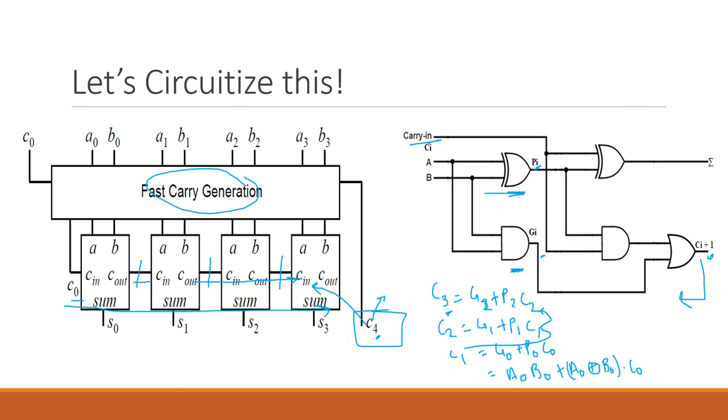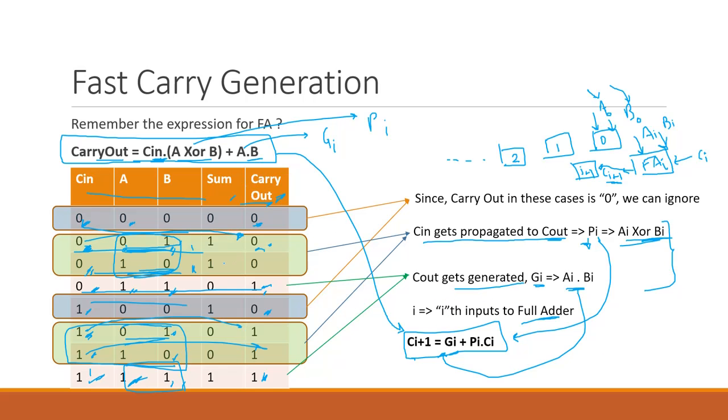How did we do that? We took help of the truth table. We tried to find relations between how the carry out acts under certain conditions of inputs, and then formed a relation between them so that we can finally resolve this dependency.